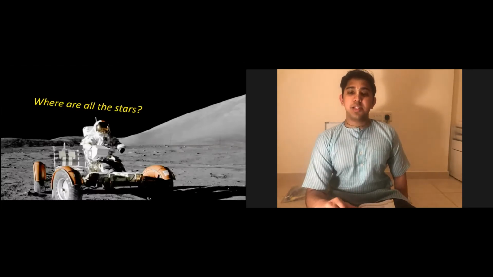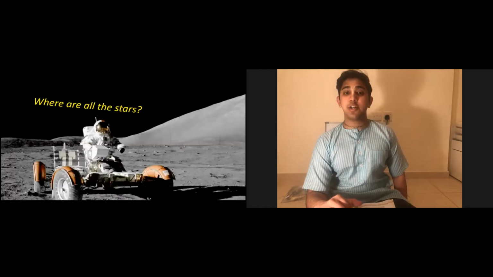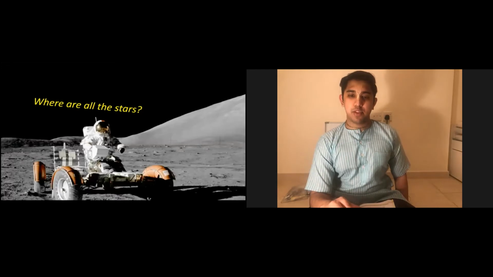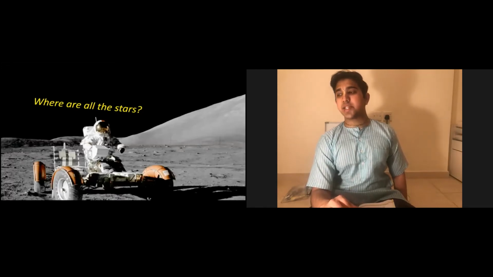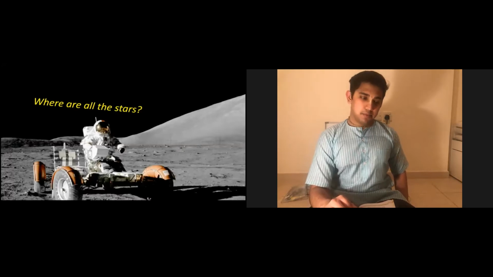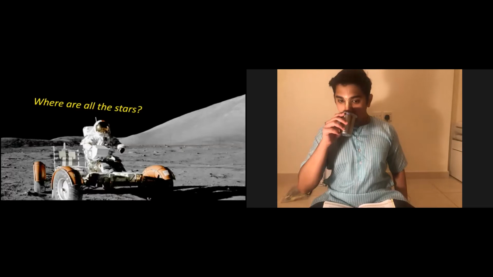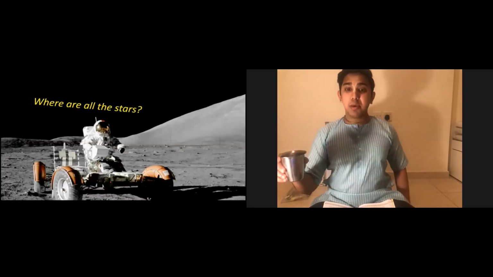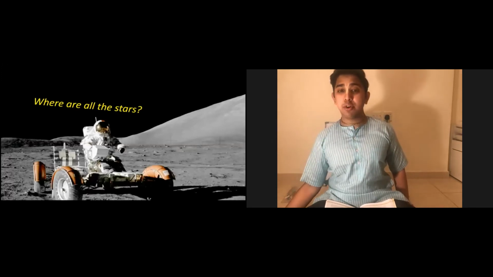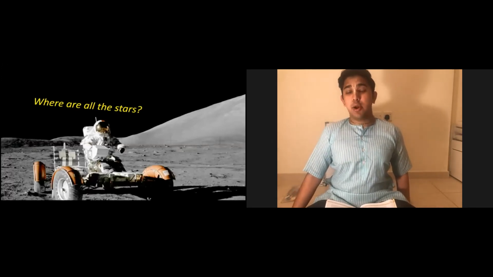And as all these pictures were published, there were questions like, if you're in space, where are all the stars? And we all know through modern science itself that the moon has about 1/6 the gravity of Earth. So all these people who are living on planet Earth, if they happen to go to the moon, then scientifically they should all be floating.